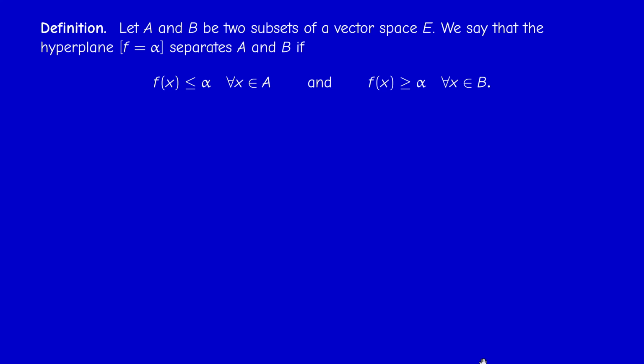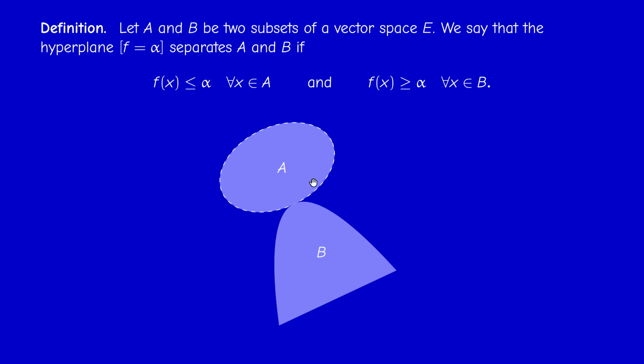We say that the hyperplane f equal alpha separates A and B if f of x is less or equal than alpha for every x in A, and f of x is bigger or equal than alpha for every x in B. Okay? This is the precise definition. And when I say nothing else, I just use the term separates. So this contains this situation as a particular case.